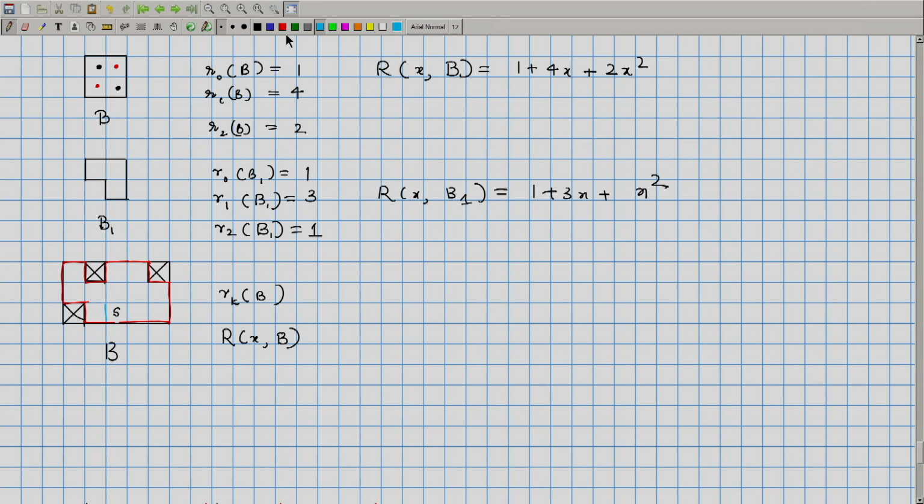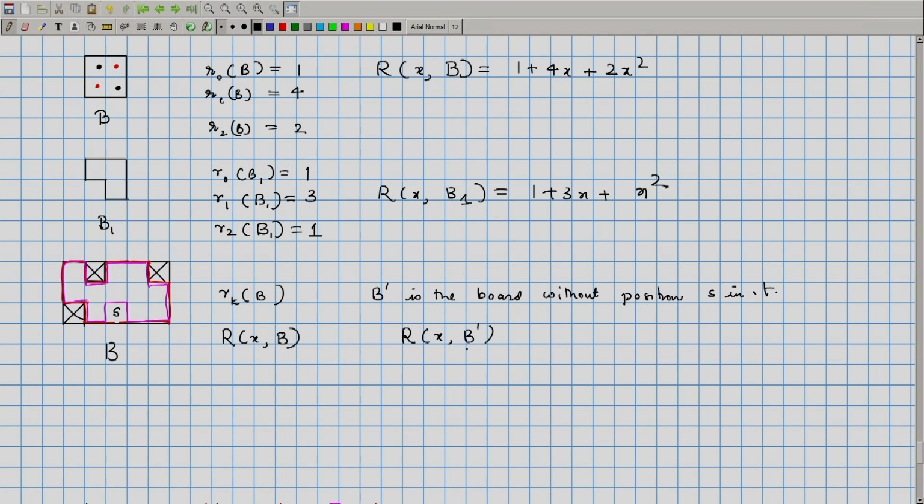The first one we will consider is the board where we ignore the position S. We will call that the board B prime, the board without position S in it, and that will have its own Rook polynomial. Its Rook polynomial will be R x B prime.